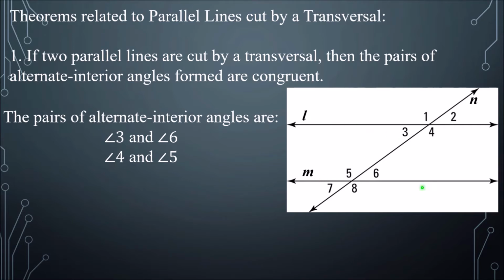So these are the parallel lines, and as you can see, 3 and 6 are inside the parallel lines. So they are called alternate interior angles. According to the theorem, alternate interior angles are congruent. So angle 3 is congruent to angle 6, and angle 4 is congruent to angle 5.